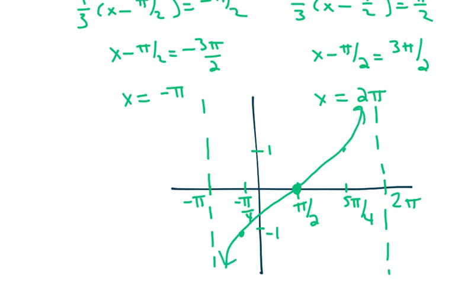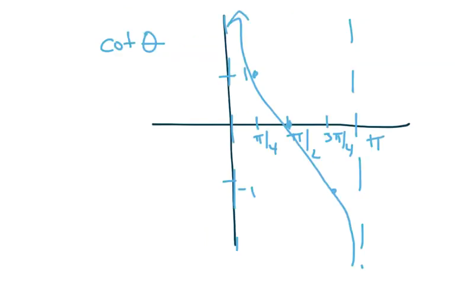Now let's talk about what happens if instead of tangent I'm dealing with cotangent. So here was one period of the cotangent graph. Its asymptotes were instead at 0 and pi. And then the graph between it went down from left to right.